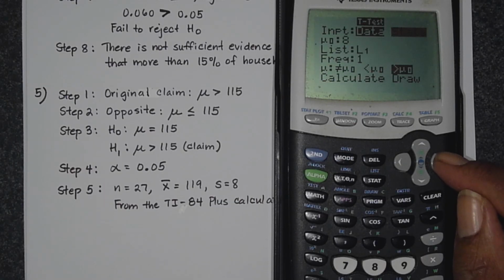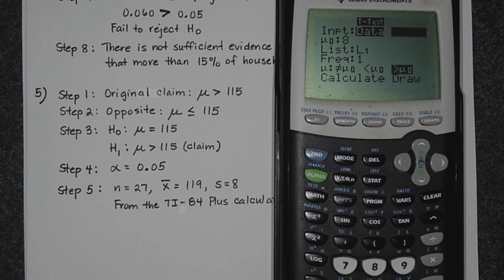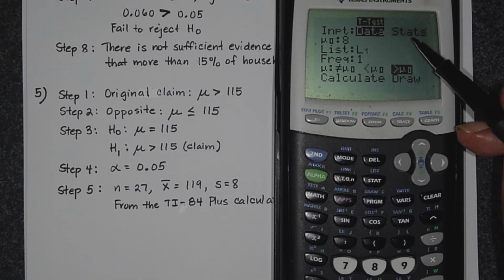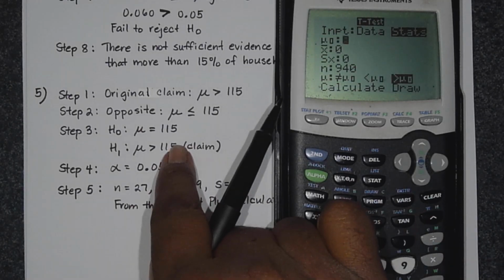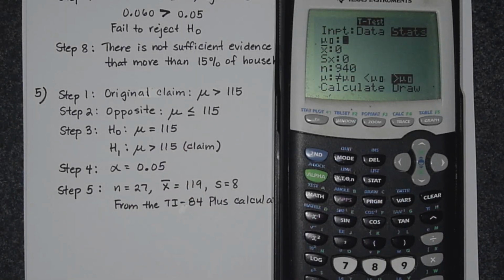Now I'm going to highlight stats since we're dealing with statistics here. So for stats, we put the cursor on top of stats and then press enter. Mu sub 0 comes from the null hypothesis, which is 115.